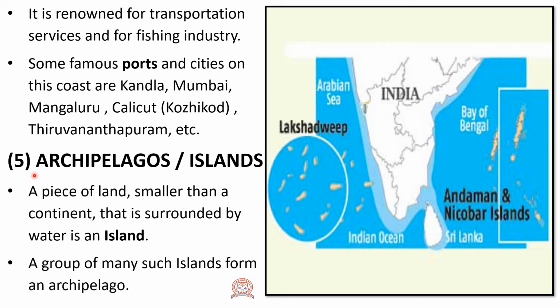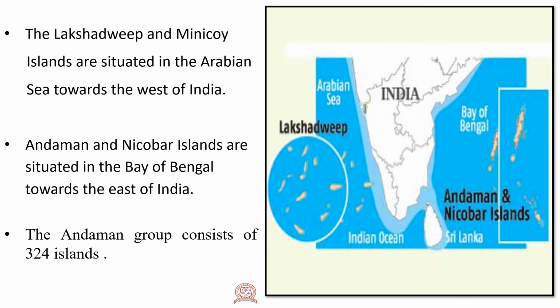Fifth one is archipelagos or islands. A piece of land smaller than a continent that is surrounded by water is known as an island. A group of many such islands forms an archipelago. The Lakshadweep and Minicoy Island are situated in the Arabian Sea towards the west of India.